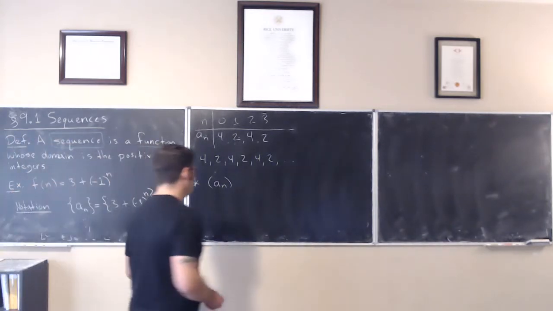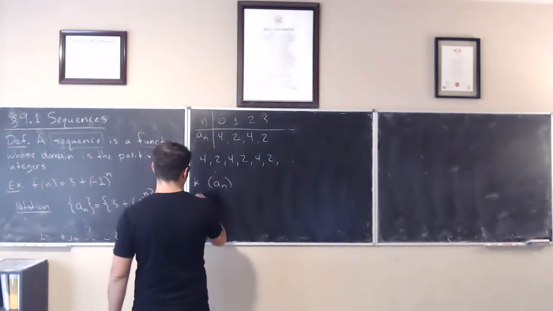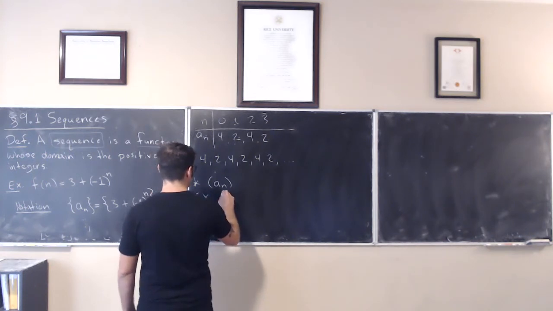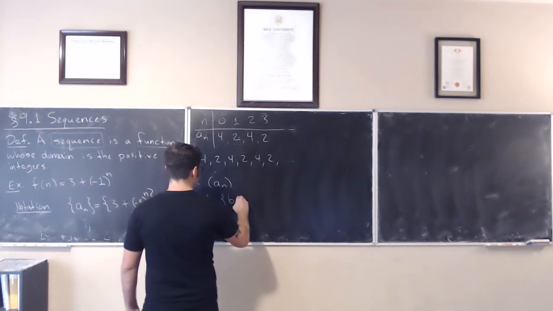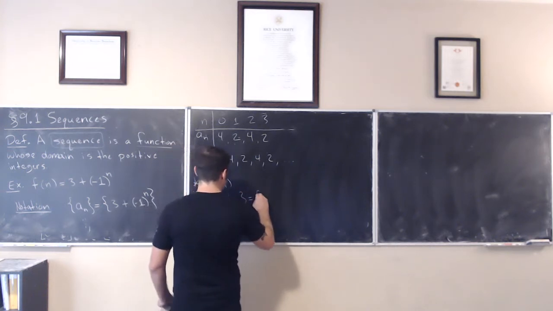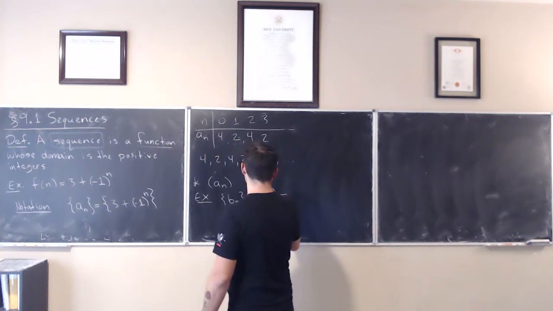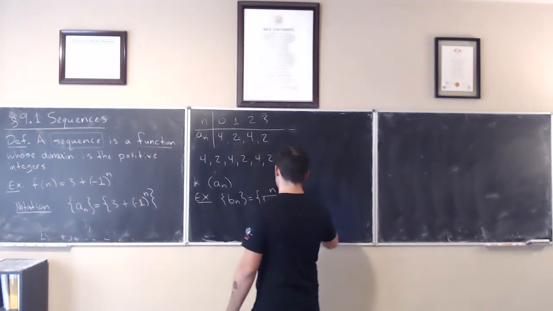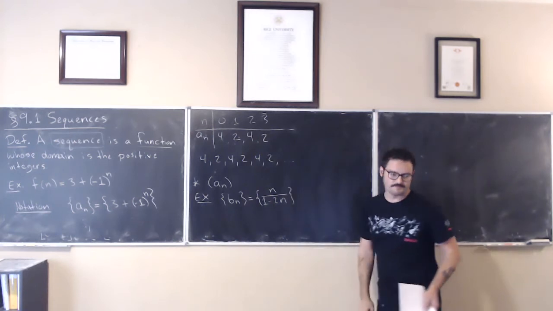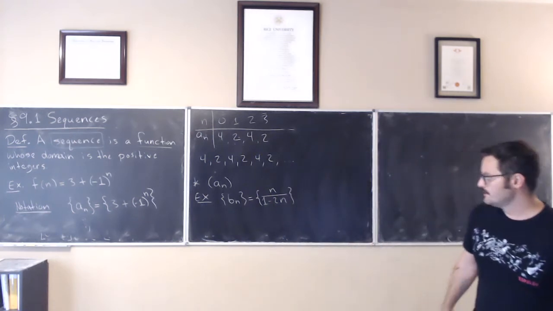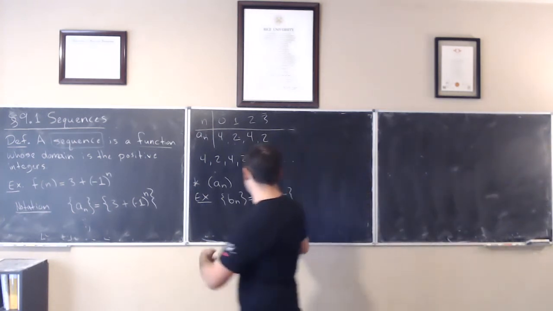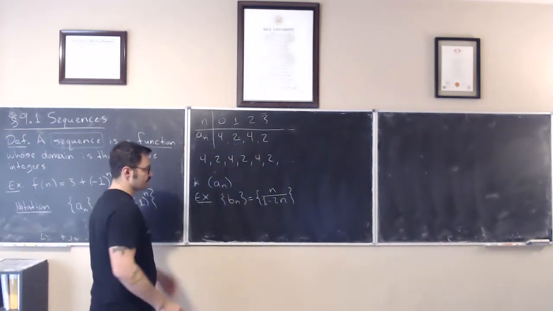Okay, so what would be another example? Let's just say another example, maybe something like b sub n equals n over 1 minus 2n. Again, this is just the argument of the function. As we pass in positive integers, we get out a sequence.